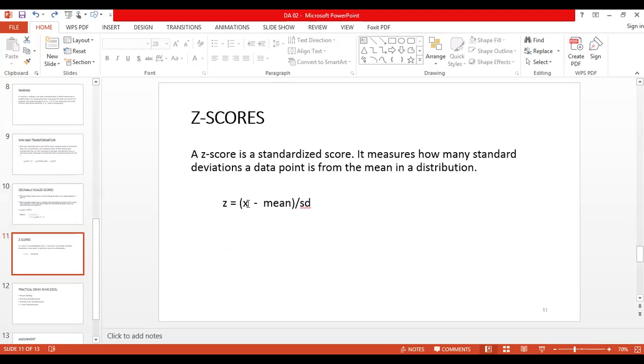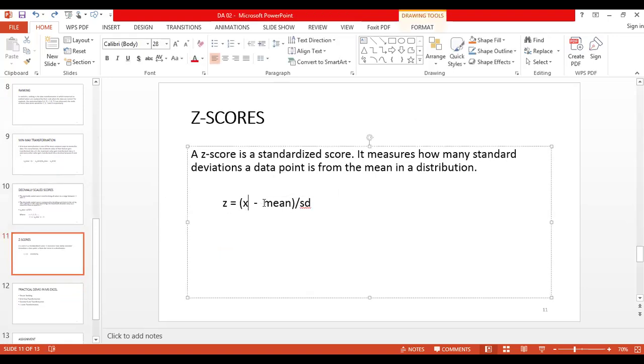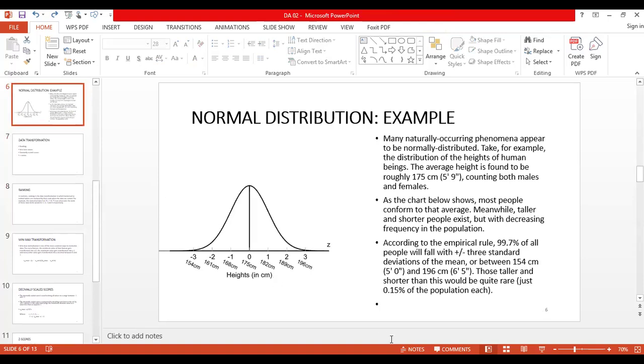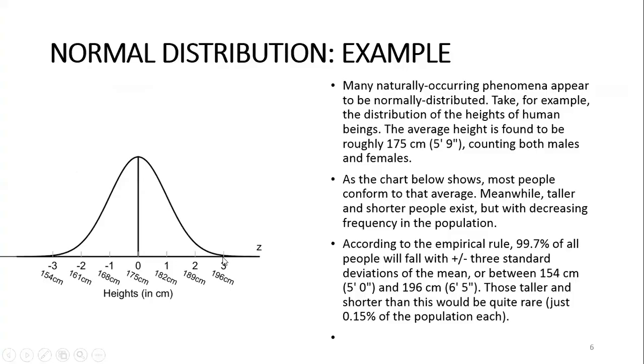Remember, we said z equals x, in this case 182, minus the mean. The mean is 175. So 182 minus 175 gives 7, divided by the standard deviation, which is 7. 7 divided by 7 is 1. That's how this 182 was converted and became 1.